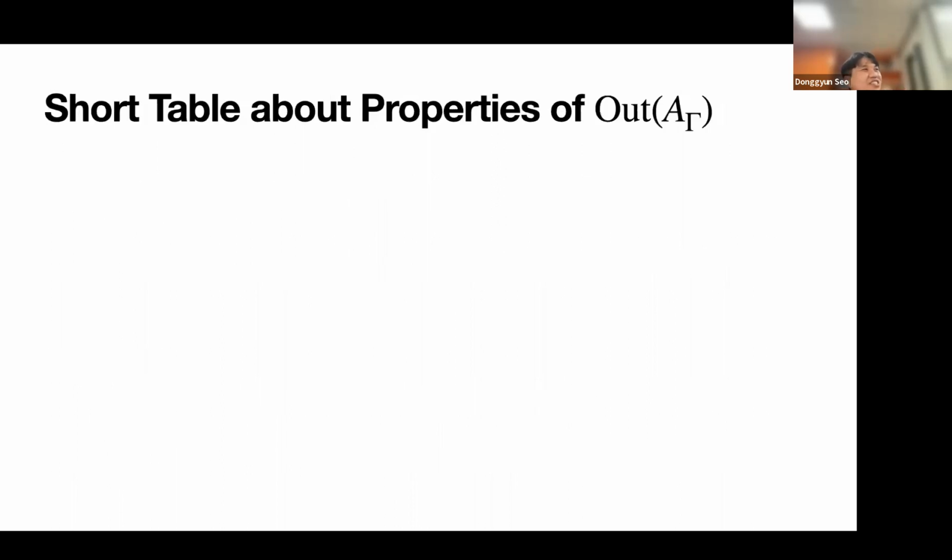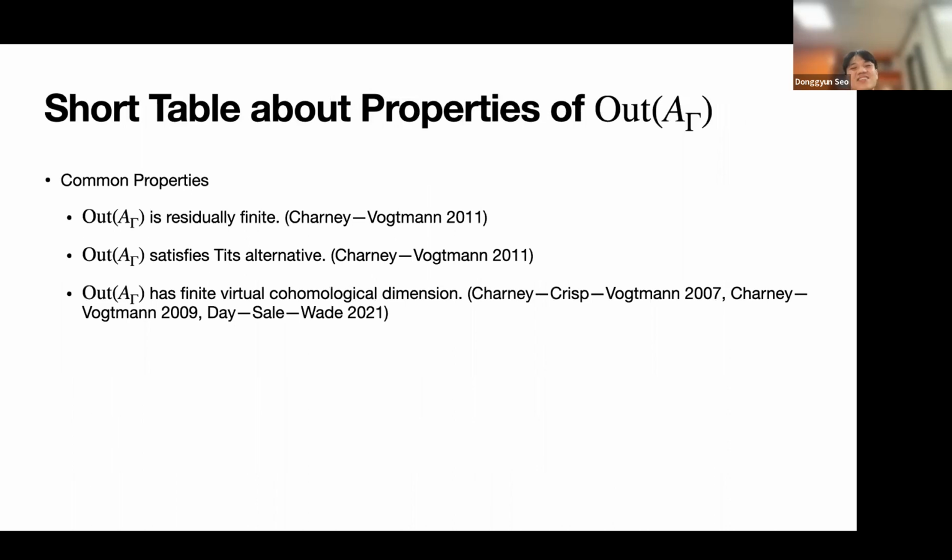And I want to introduce some study of the automorphism group of the right-angled Artin group. The automorphism groups of right-angled Artin groups share some properties. They are residually finite, they satisfy the Tits alternative, and they have finite virtual cohomological dimension.